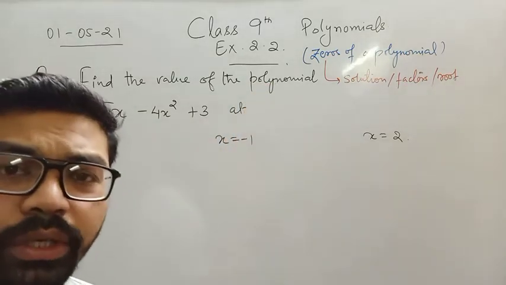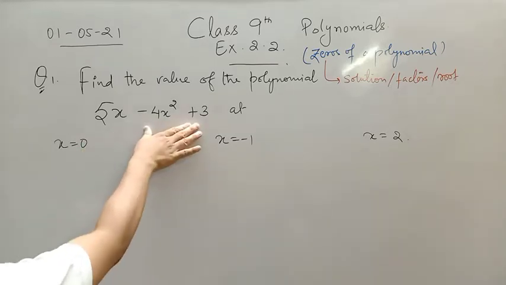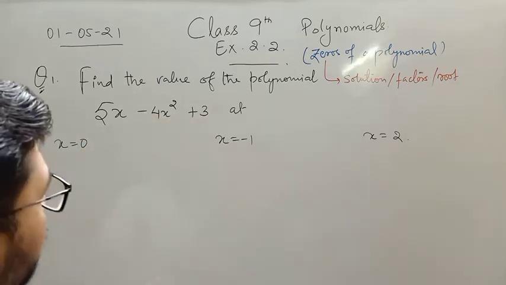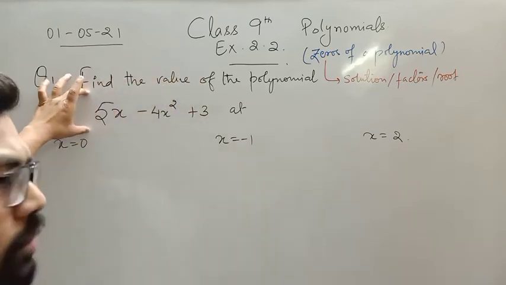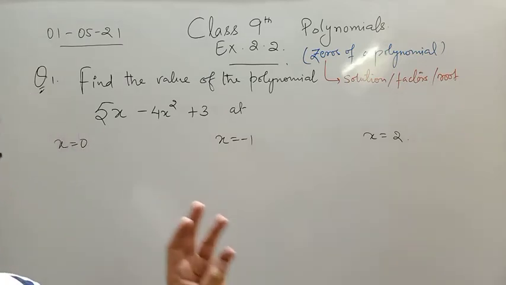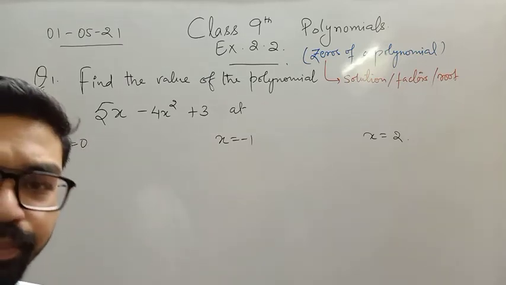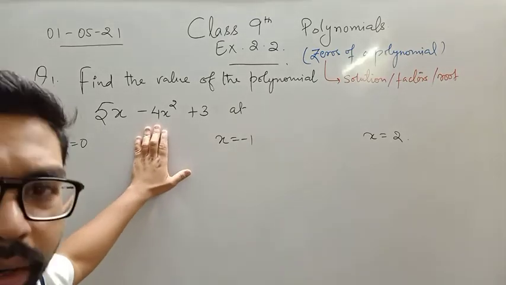Now what is a solution? See, let's say I have a polynomial, and can anyone tell me which form this algebraic expression is of, is it linear, is it quadratic, is it cubic? Can anyone tell me? So this is of quadratic form.